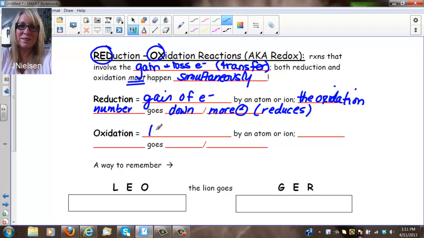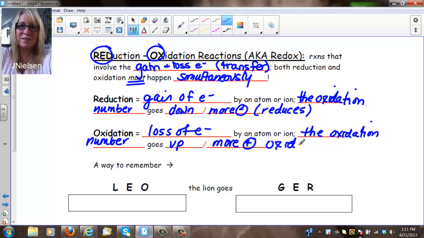Oxidation is a loss of electrons by an atom or an ion, and the oxidation number goes up, or becomes more positive, and we say that it oxidizes.